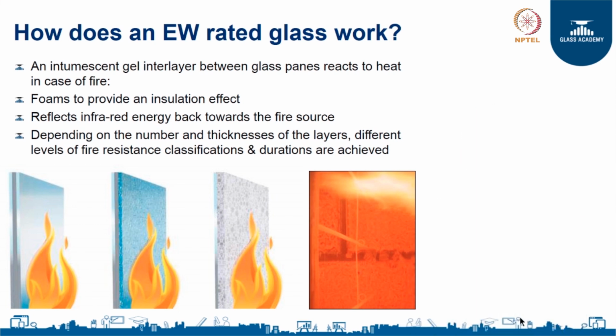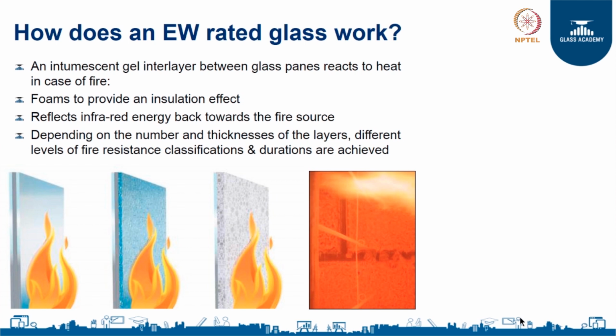In the event of a fire, the interlayer in between the two panes of glass starts reacting and starts foaming up. So, typically to explain in a very graphic way, it comprises of two layers of glass with an interlayer in between.